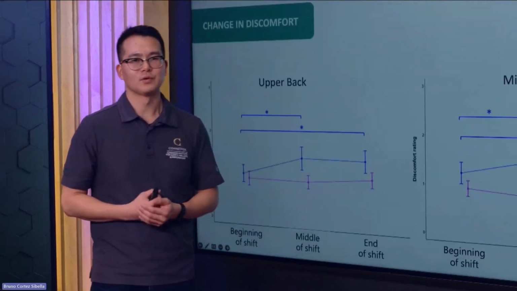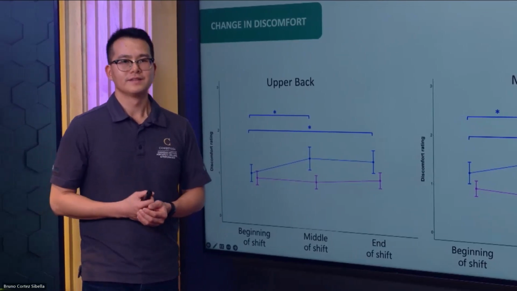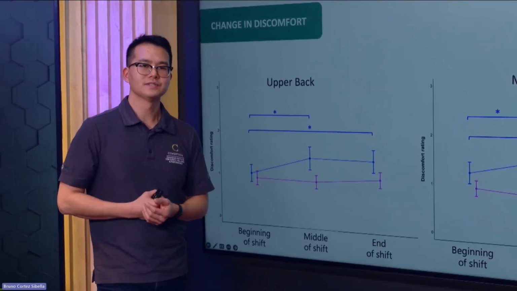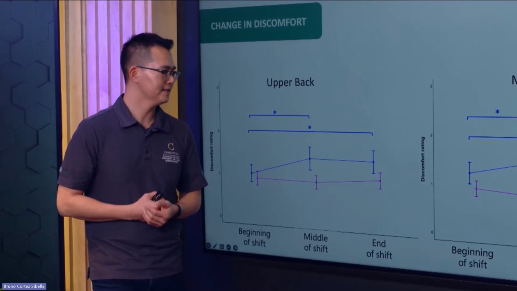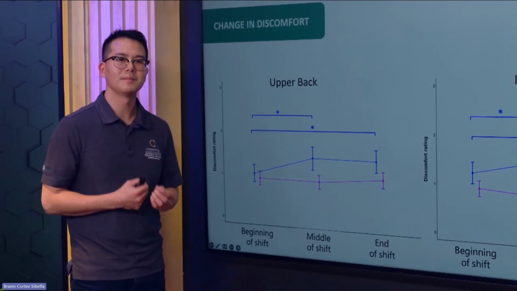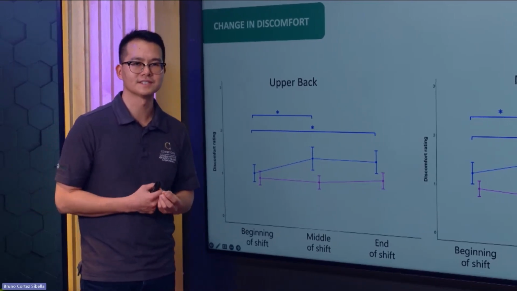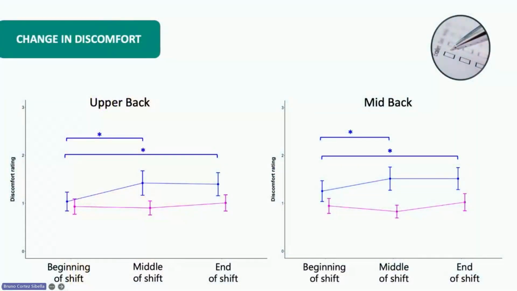Given that overhead exposures between the 2 conditions were similar, did exo usage affect self-reported discomfort and fatigue? Well, from our data, we found small but significant increases in discomfort of the upper and mid back over the workday. And this was when workers were working as usual without the exoskeleton.